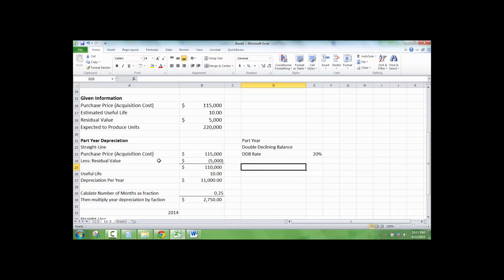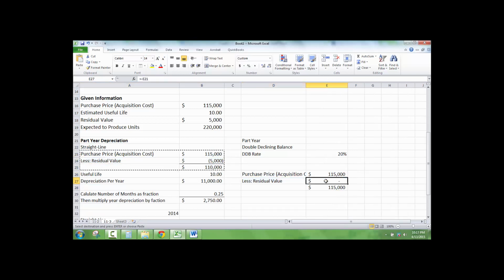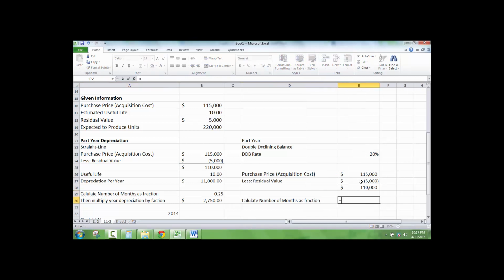So then we would take this, so I can copy this all the time now. And then we would also take our month's fraction, same scenario, only 3 months have gone by, equals 3 divided by 12.